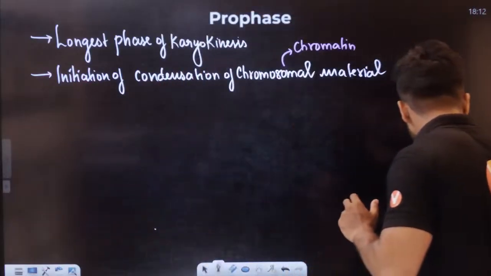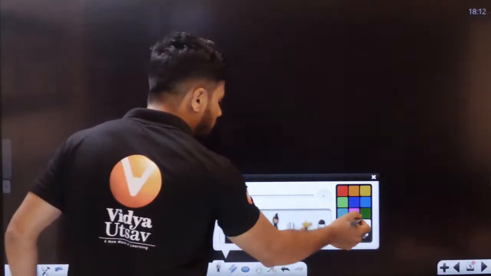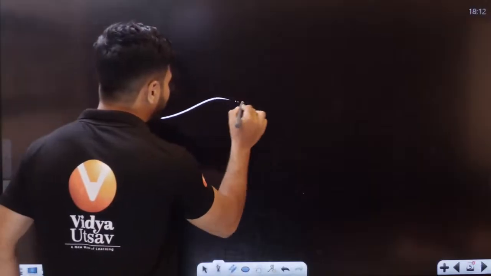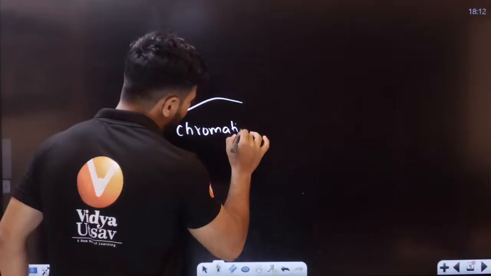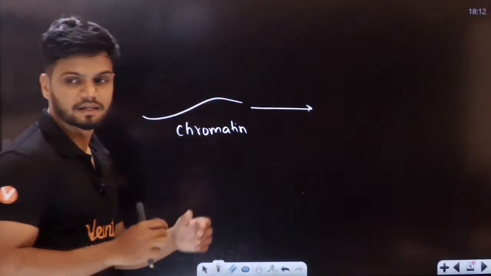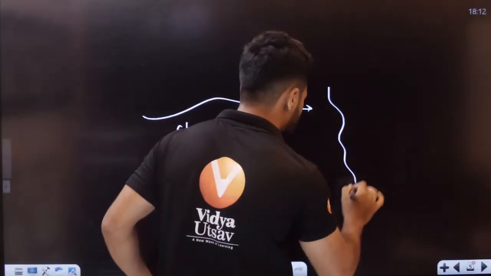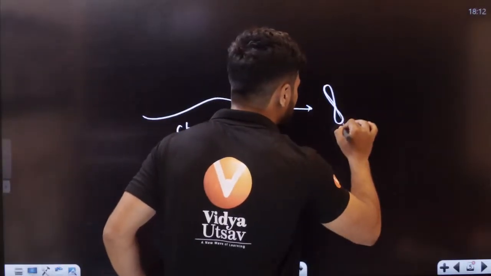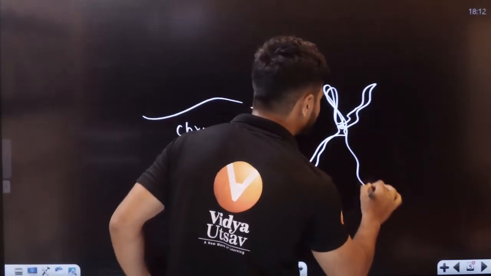Okay, students, I've told you this before also, right? Multiple times I've told you. If you take a long chromatin here, and if you completely compress it, this chromatin will get a shape like this, students.